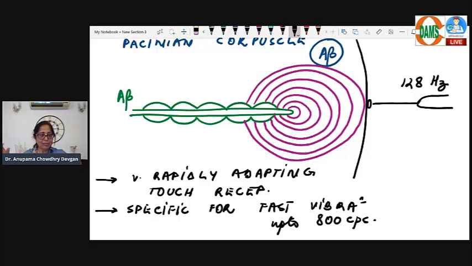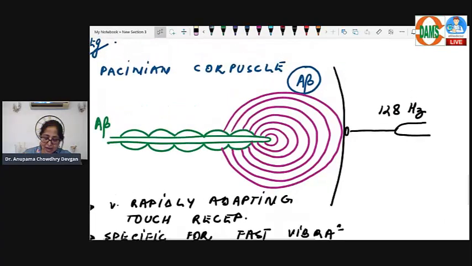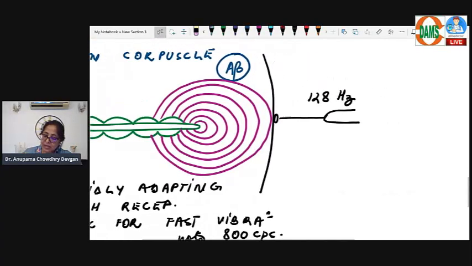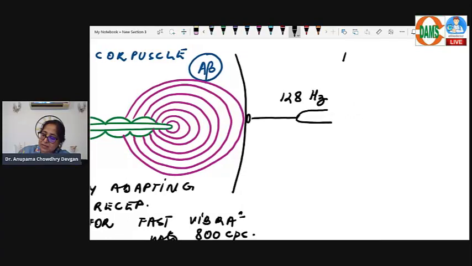How did we test for vibration? We took these tuning forks and placed them on bony prominences. Why did we place them on bony prominences? Pacinian corpuscles, which are receptors for fast vibration, are present in joint capsules.